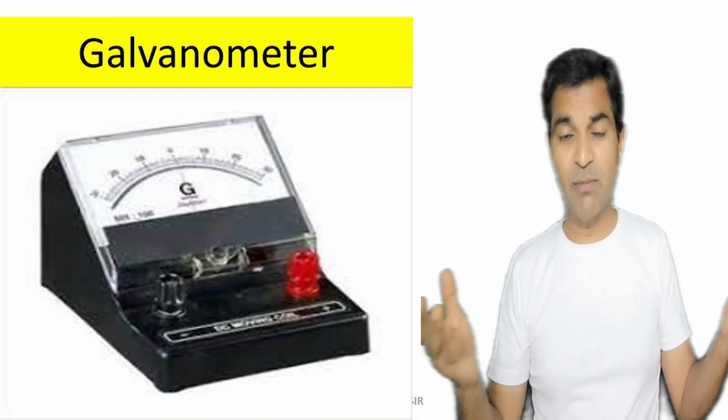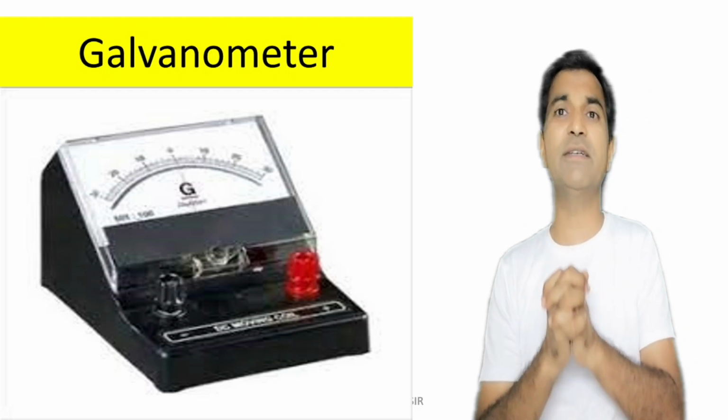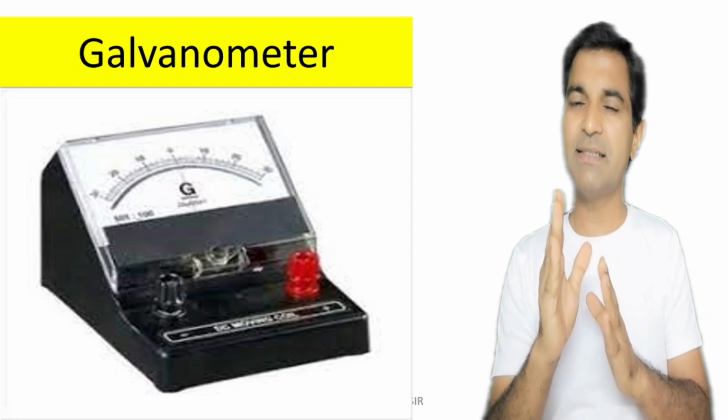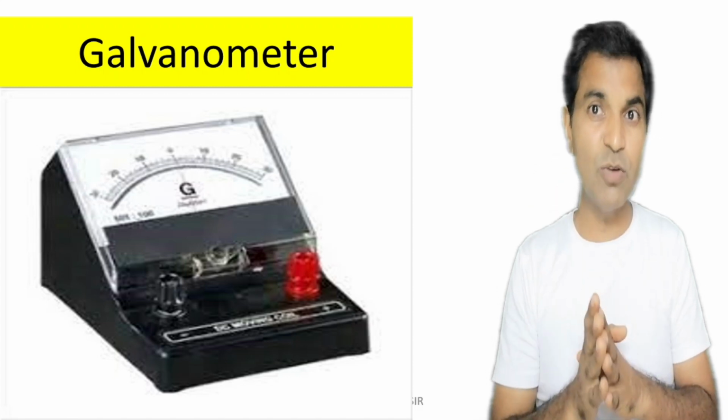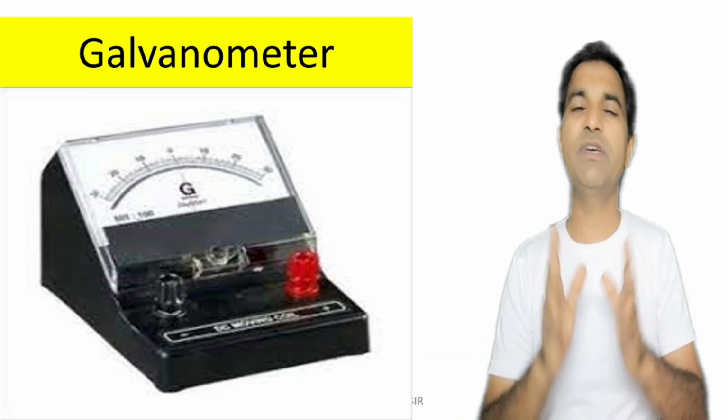Now, what is the galvanometer? The new terminology that we have come across in this topic. So a galvanometer is basically a current measuring device. It measures the magnitude of the current, but actually it is not utilized for that.